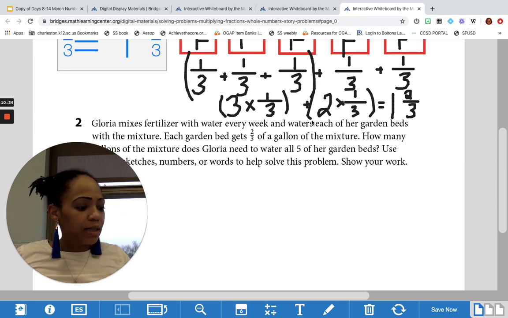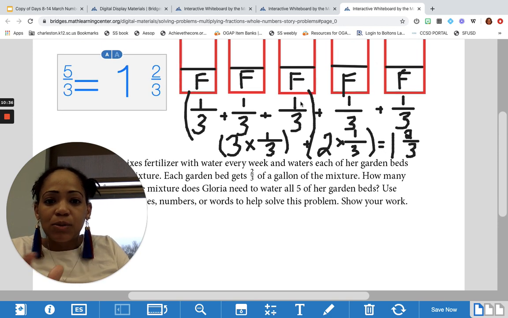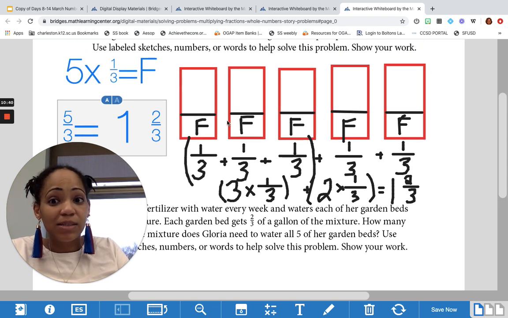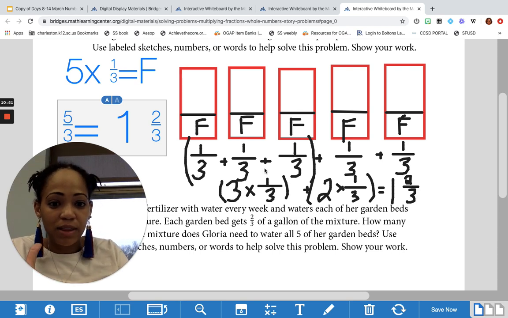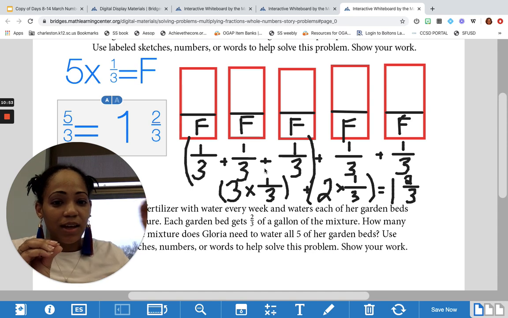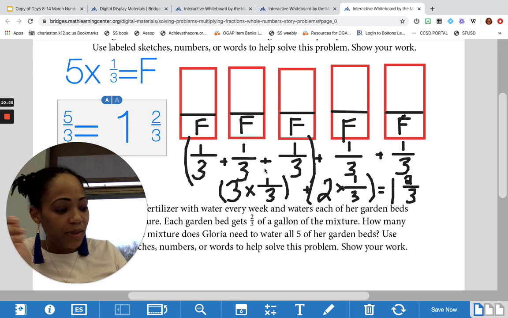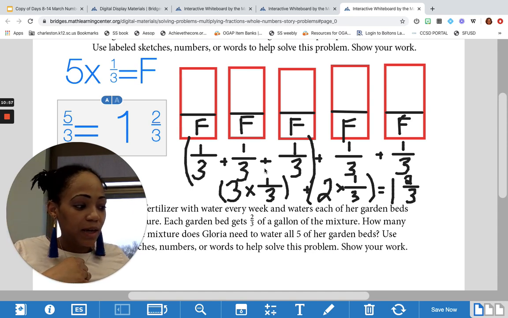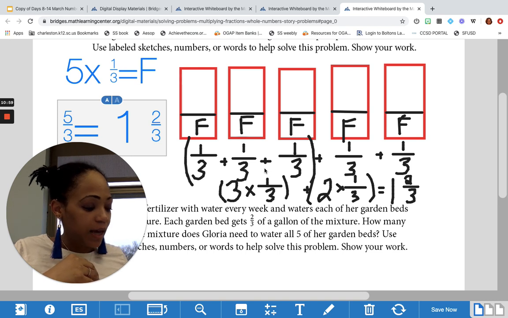I guess before we look at the second problem, I just want to make sure y'all recognize the similarities between these equations. 5 times 1/3, I added 1/3 5 times. Or I can chunk them and group them so I can make one whole, which is 3 of the 1/3 together, and then 2 of the 1/3. So I just want to make sure you're following me as I go through these, okay?